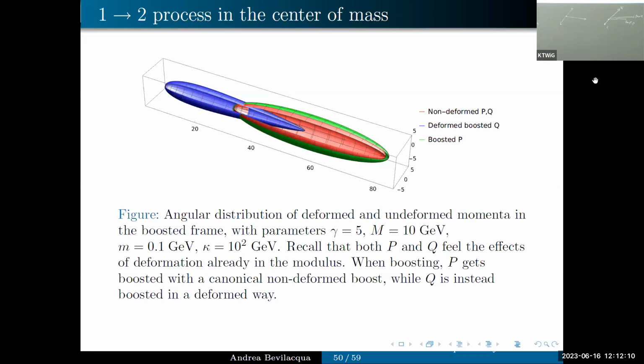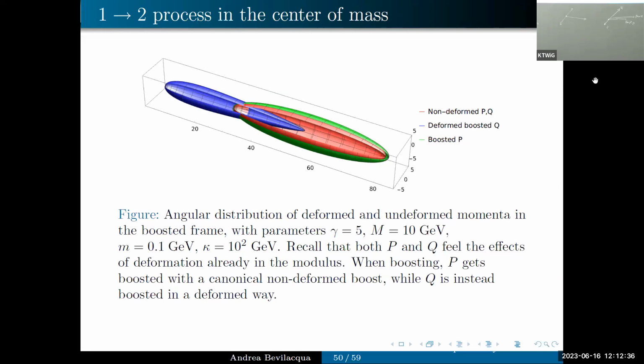No, but the experimental setup is pretty simple, right? You have a bunch of very energetic particles that decay inside your detector. And now, if you have very many events, you can actually reconstruct the angular distribution. If you look at this picture, the green and blue are certainly much different than the red.